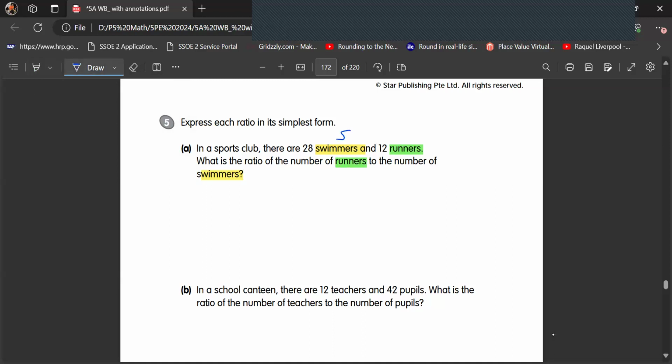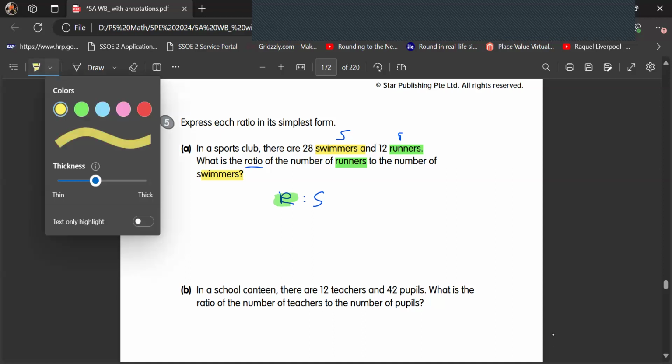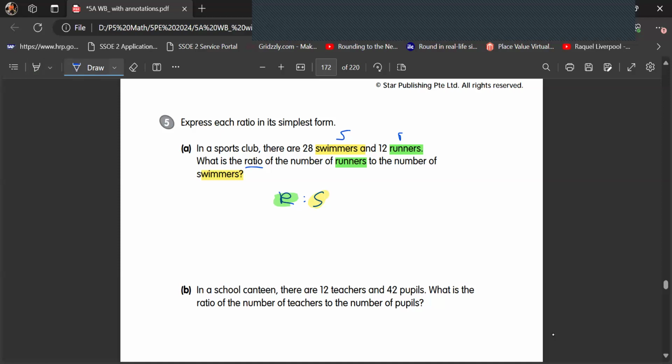Swimmer to runner, ratio asked for runner to swimmer, runner to swimmer. Runner is green coded, and then swimmer yellow coded. So I transfer the correct coding.